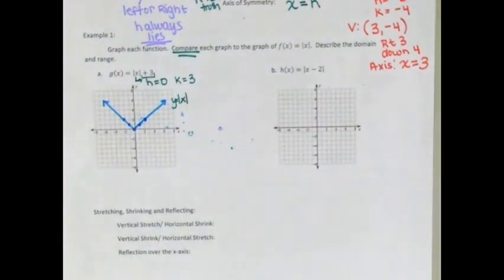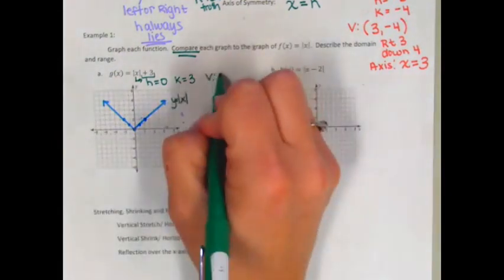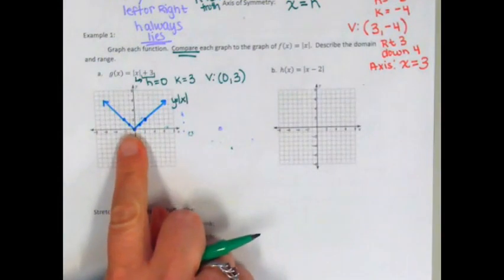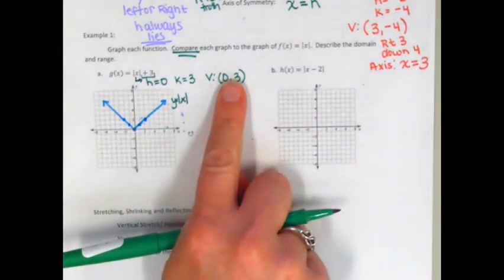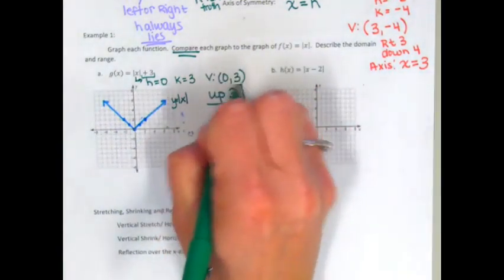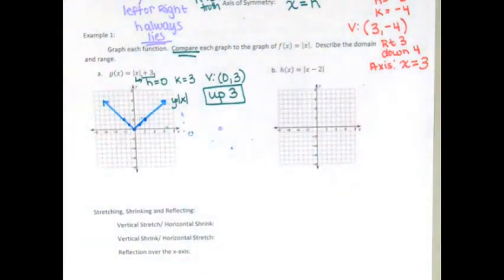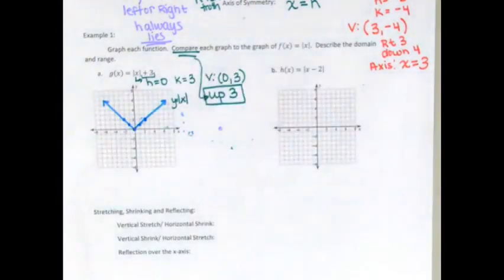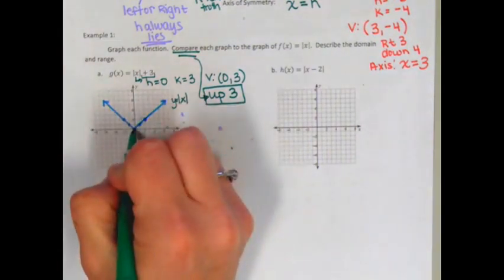So what is my vertex of my new absolute value? 0, 3. So what happened to my vertex? Since it was originally 0, 0, now it's 0, 3. So it went up 3. When it said compare, compare just means it goes up 3 units. Now, we can do this 2 ways. Do you guys want to make a table or do you want to count every point up 3 units? If I'm at 0, 0, I'm just going to go up 3.